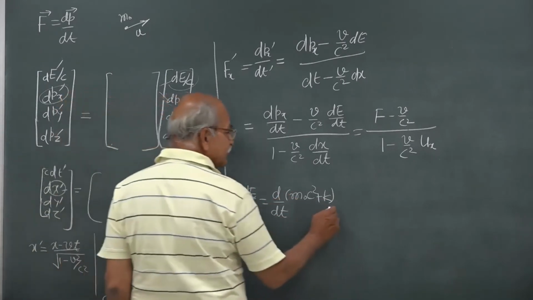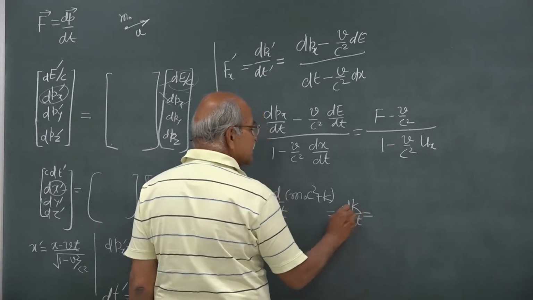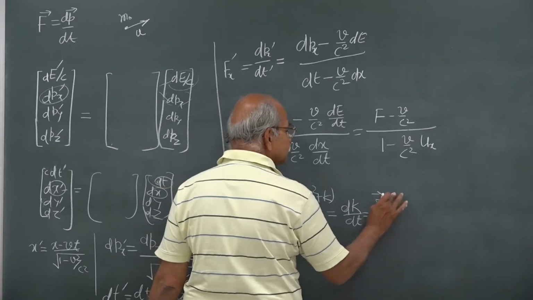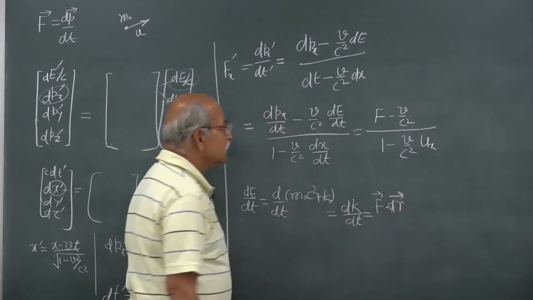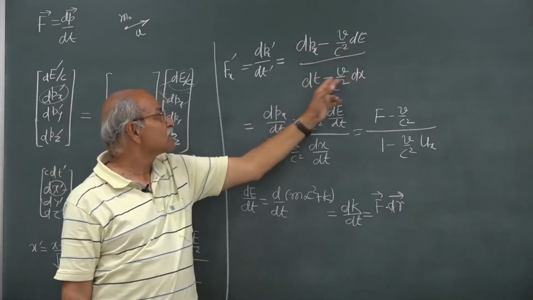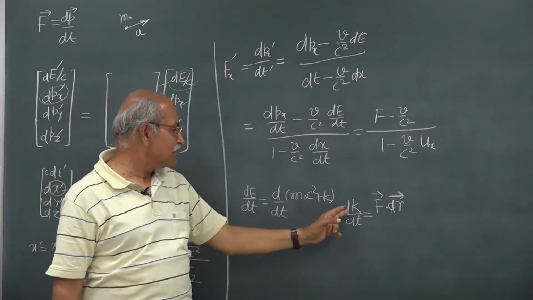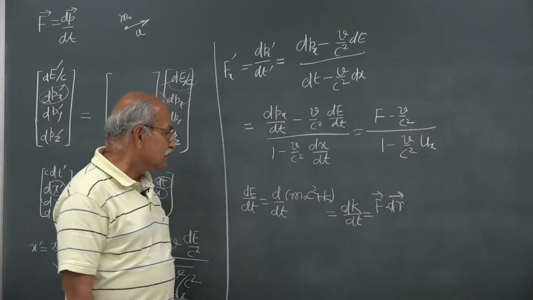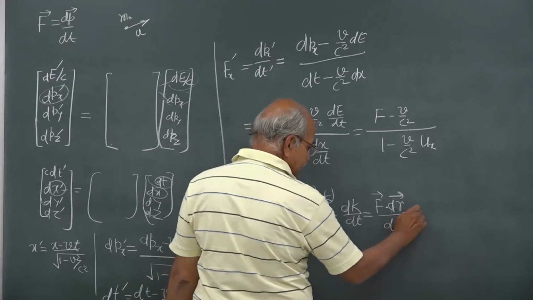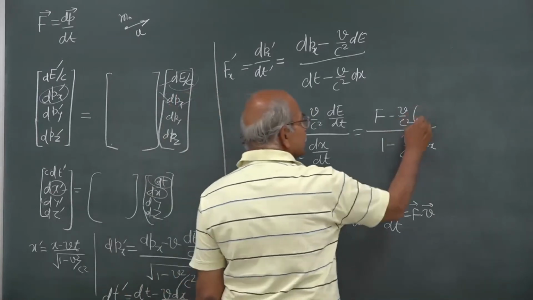So this is dK by dt, and change in kinetic energy, you know, it is f dot dr. Remember, these are all S frame quantities and those are S prime frame quantities. So in S frame I am writing this, f dot dr by dt. So this is f dot v.